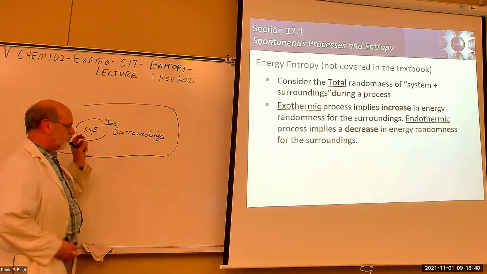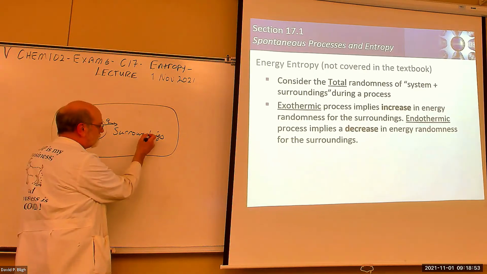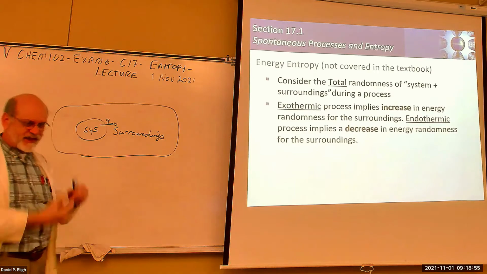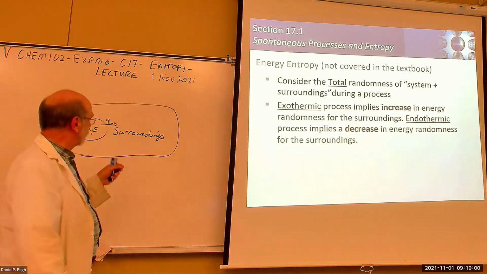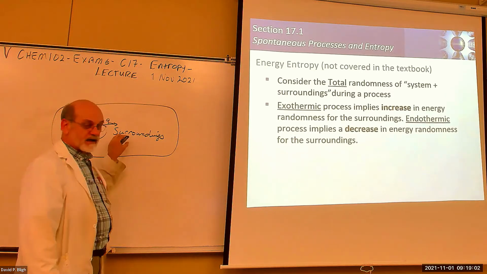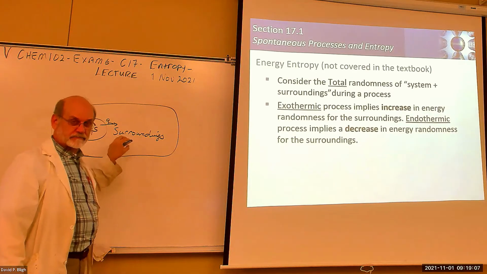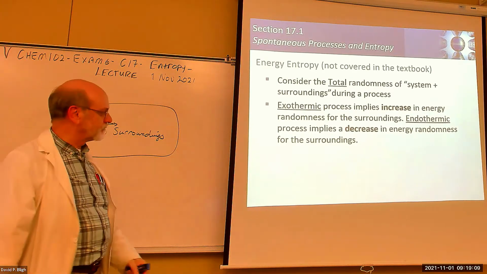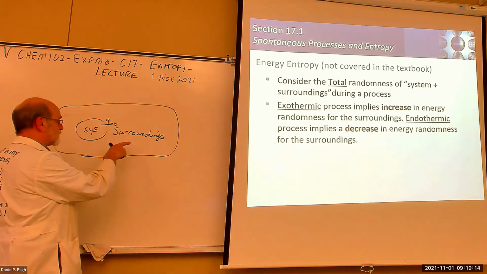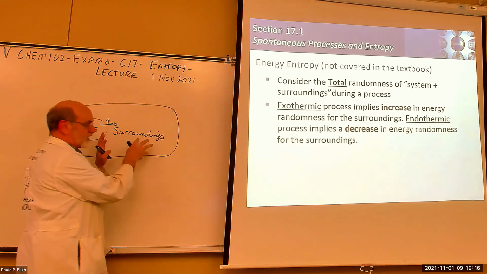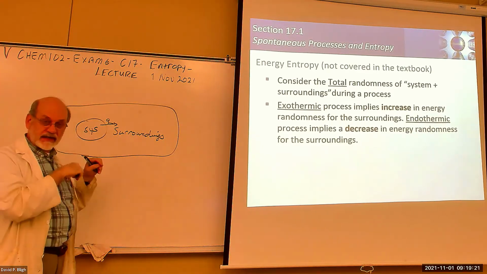What actually is happening is the microstate concept itself is energy driven. In other words, if you have more energy in this packet, that by definition is higher entropy. So when we talk about exothermic processes, the surroundings are increasing in entropy, but the system is decreasing in entropy.